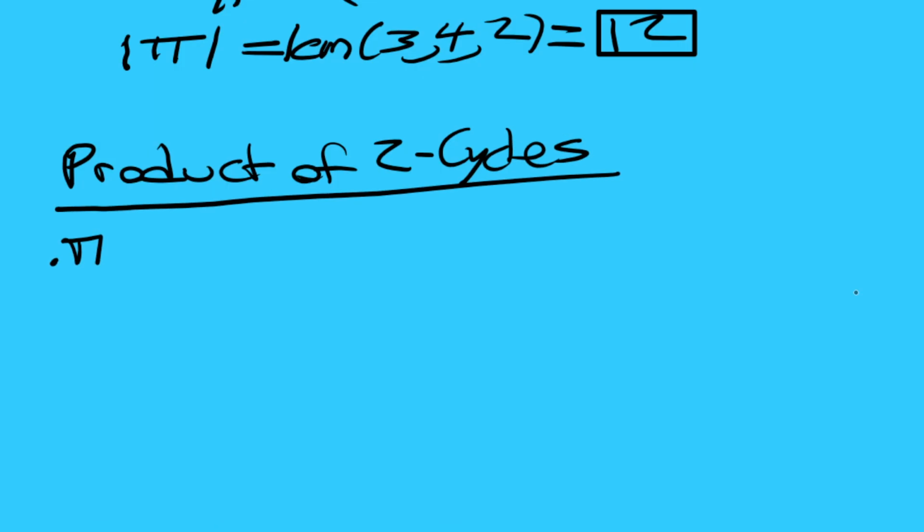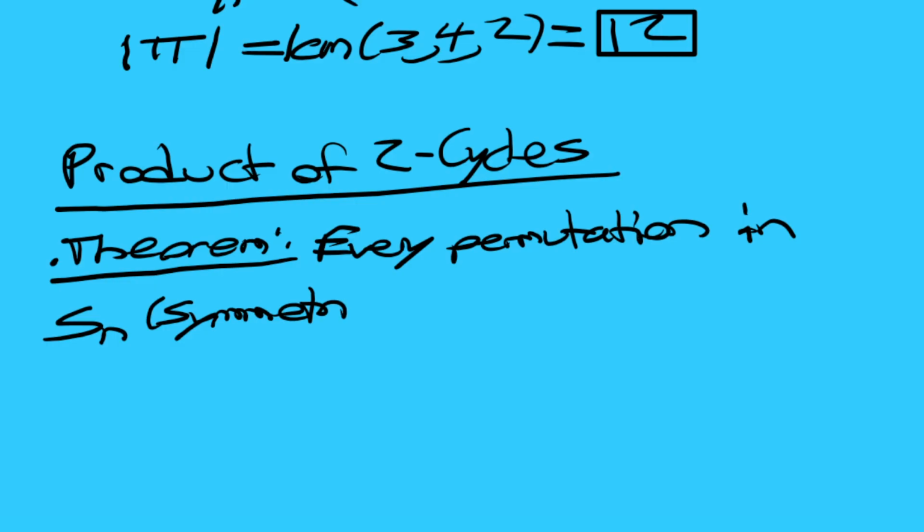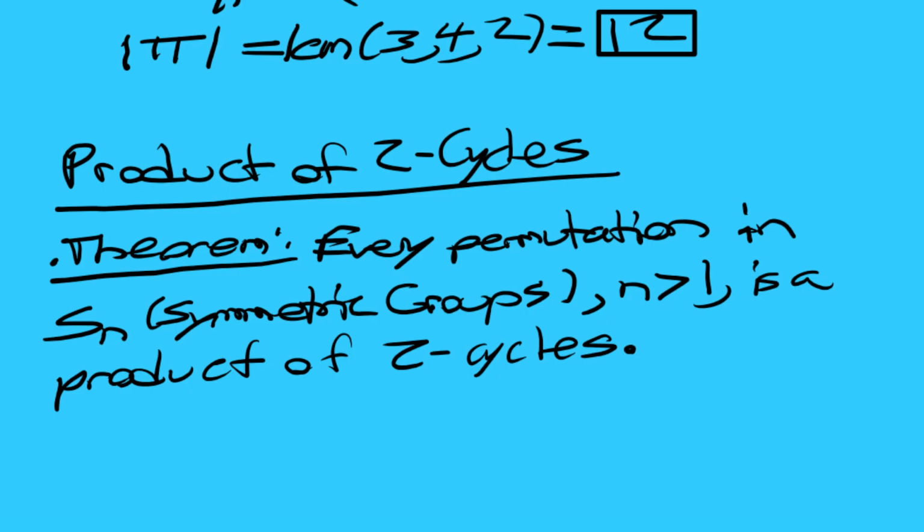So what this theorem is, every permutation in Sn, which is our symmetric group, where n is greater than 1, is a product of two cycles.